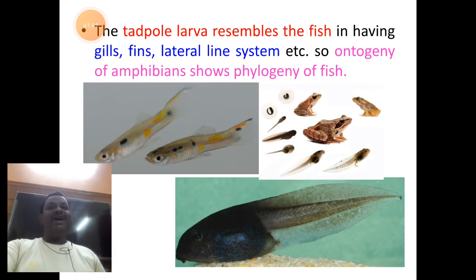So just now we have understood that the tadpole stage of a frog resembles a fish almost, in having structures like fins, gills, lateral line sense systems, etc. So the ontogeny of amphibians, that is, the developmental stages of amphibians, shows the phylogeny of fish, because the tadpoles resemble the fish structure that you find in the picture down.